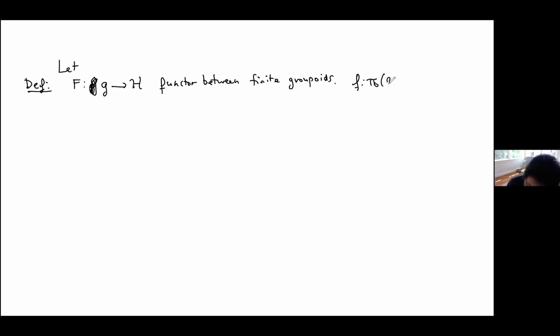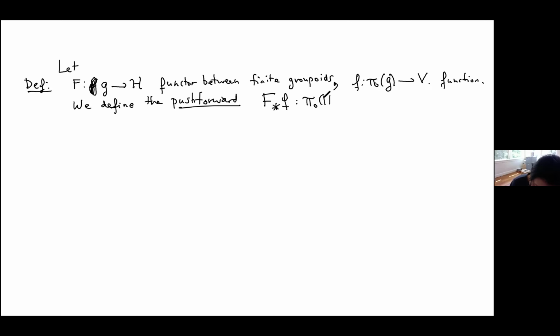Okay, so now suppose you have a functor on finite groupoids, F from G to H. And suppose you have a function, little f, on the isomorphism classes of G. Then we define the pushforward, F lower star of little f, to be the following function on the isomorphism classes of H by the following formula.